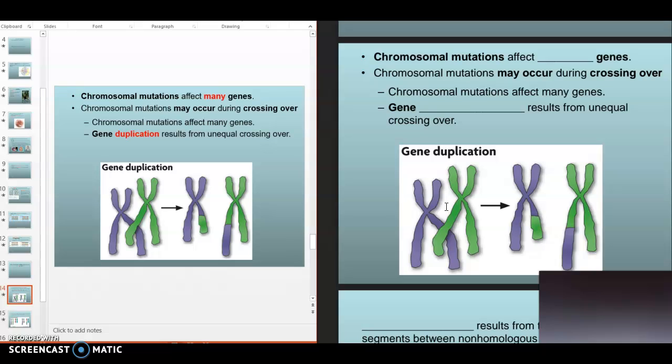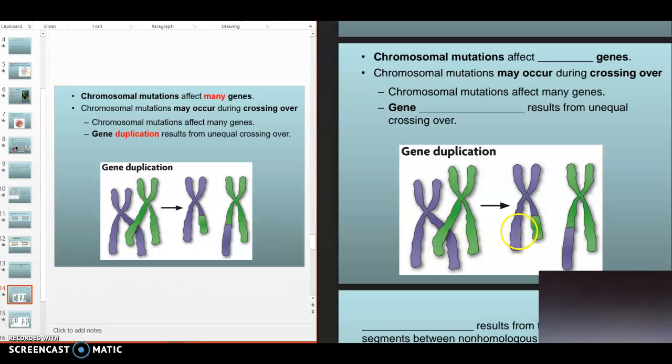So chromosome 1 that you got from mom has to line up with chromosome 1 that you got from dad. And these will then cross over. What I mean by crossing over is parts of the chromatids, these little legs, will cross over. But they are supposed to cross over evenly so that half will go to one chromosome and the other half will go to the other.